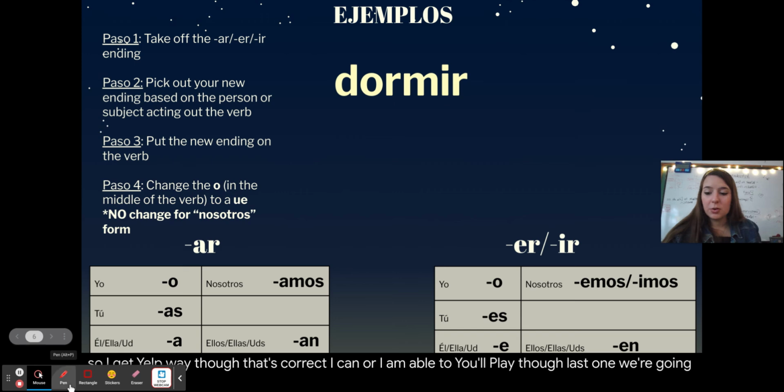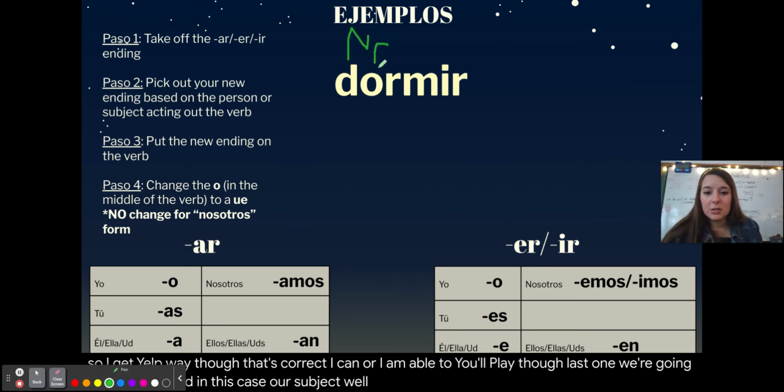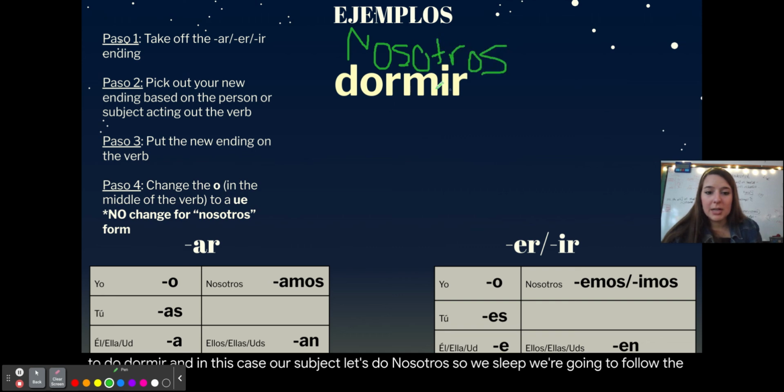Last one, we're going to do dormir. And in this case, our subject, let's do nosotros, so we sleep. We're going to follow the same steps. We're going to take off the IR. Our nosotros ending for IR verbs is imos. So remember, ER is emos, IR, imos.